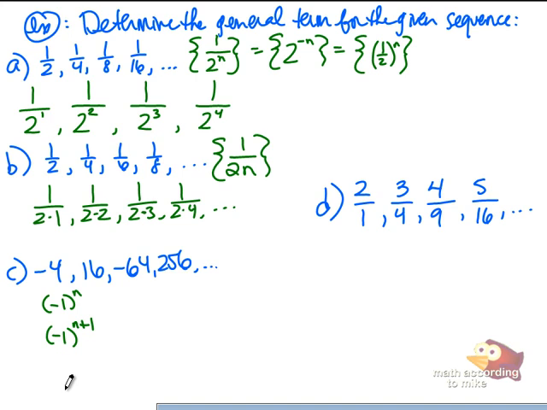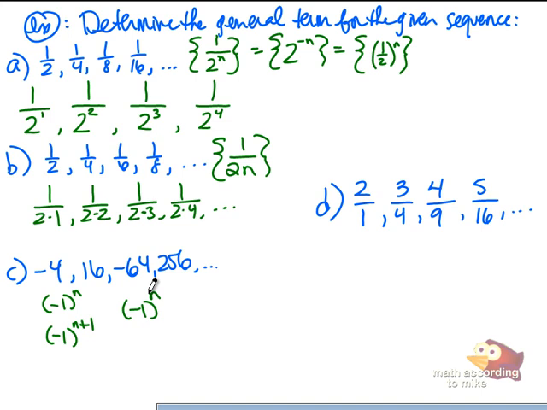So for this one, which of these two should we use? The first one. All right. So this guy takes care of the odd terms being negative. But now focusing on everything else, 4, 16, 64, 256, what do they have in common? They're powers of 4.